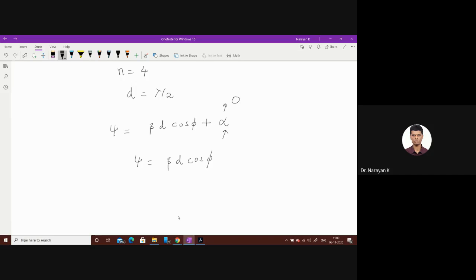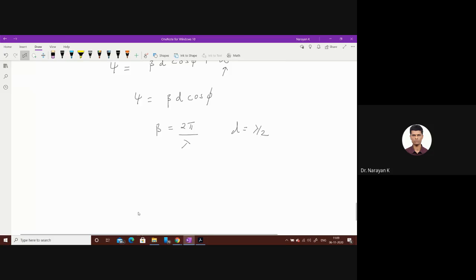Okay. So what is the value of beta? 2 pi by lambda. Very good. What is the value of D? Lambda by 2. Please substitute in the above equation.